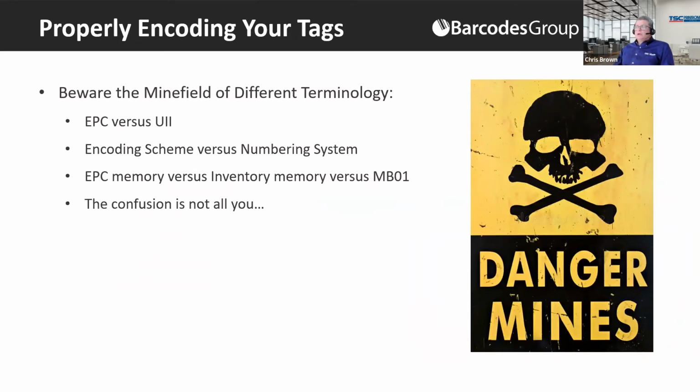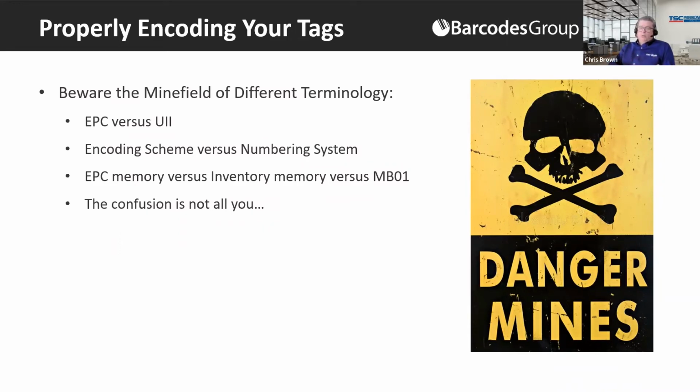When you start looking into RFID, and if you're starting to read these standards or talking to different people, you need to be aware. It is a minefield of different terminology. And this is one of the key functions that Barcodes Group fulfills. They know the different terminologies that people can use.